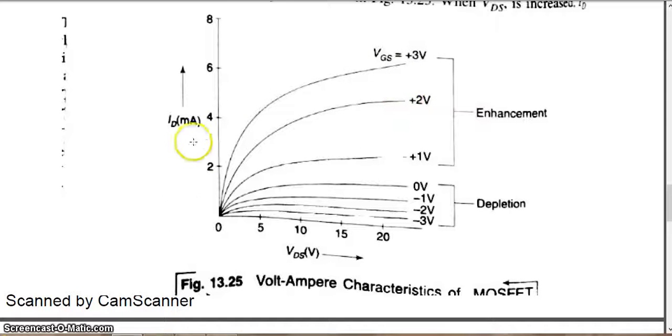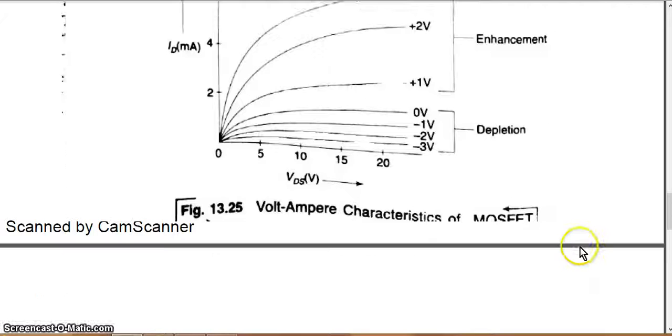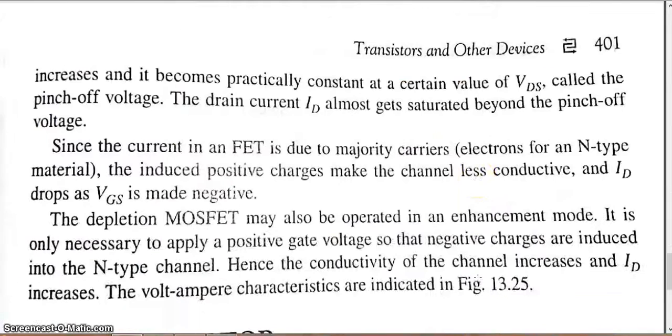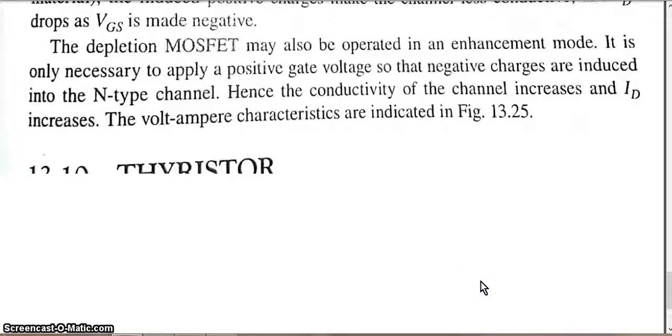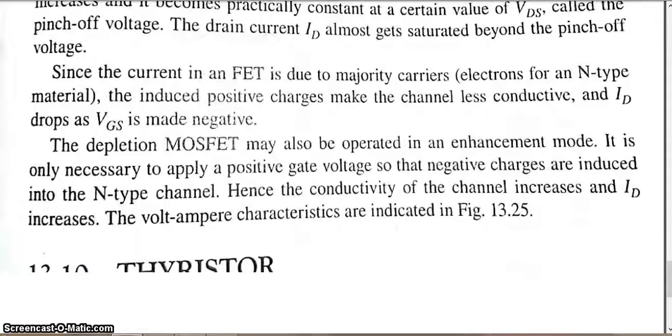So the drain current is more in enhancement mode type, whereas if it is in depletion mode, that is, negative voltage is applied, what will happen? The current carrying majority carriers will not be more, and as a result the current will be less in this particular depletion mode case. So this is about MOSFET. If you have any doubt, please contact me.